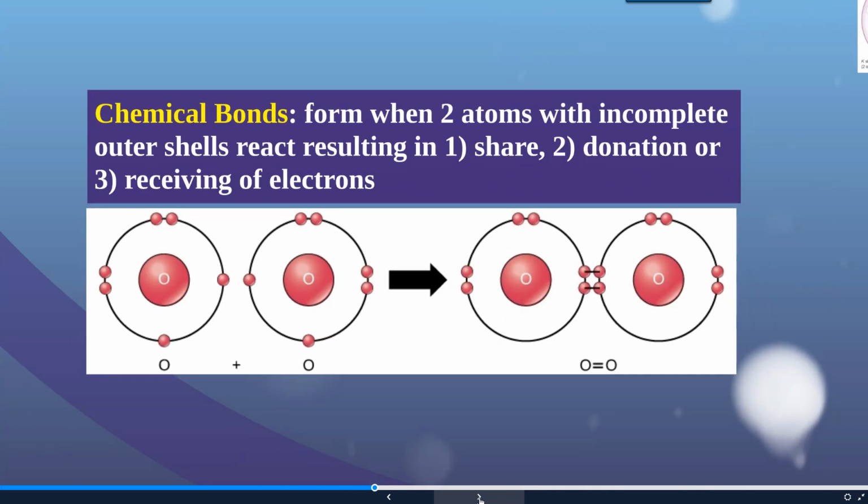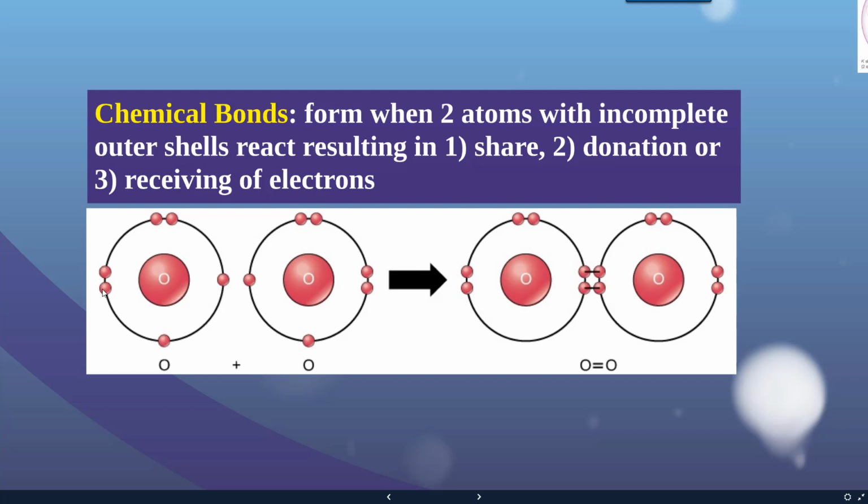So when we talk about chemical bonds, essentially what we're discussing is the combination or the joining of two atoms that both have incomplete outer or valence shells, and their reaction or their interactions really are going to consist of either sharing, donating, or receiving electrons. So in this example, we have 2 atoms of oxygen on the left-hand side. Each of them have 2 unpaired electrons.